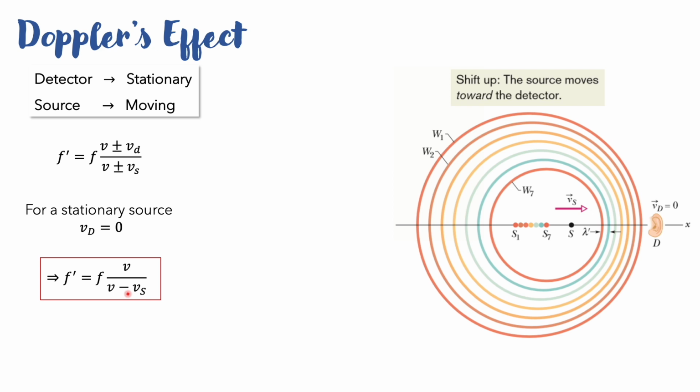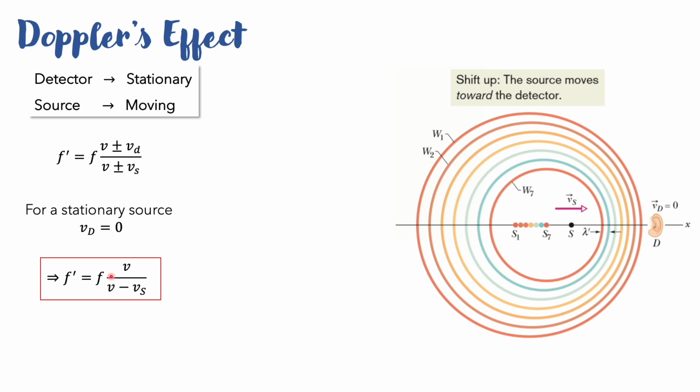Okay, so the reason is that when the distance between them is decreasing, there is an upshift, right? So in order to increase the value of a fraction, you know that the denominator should decrease.